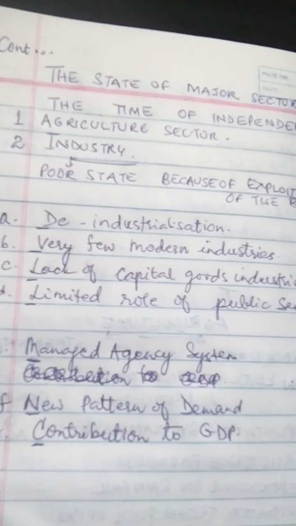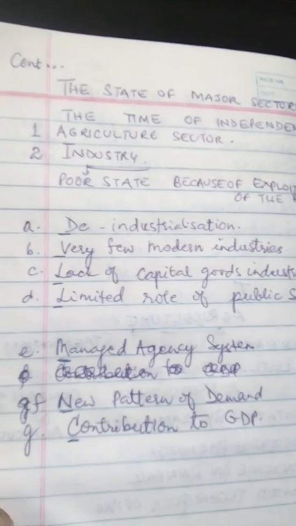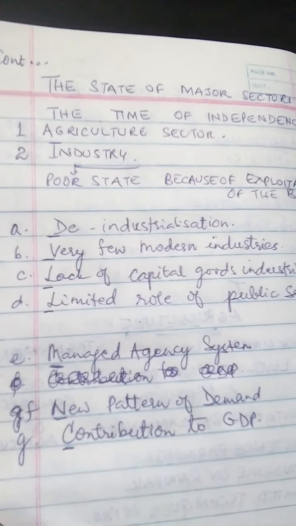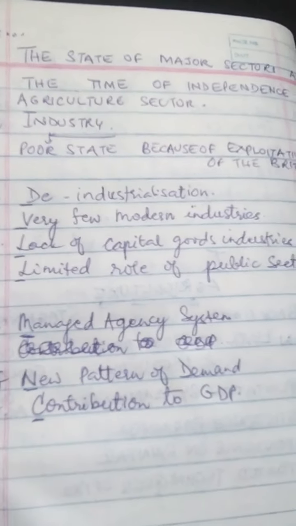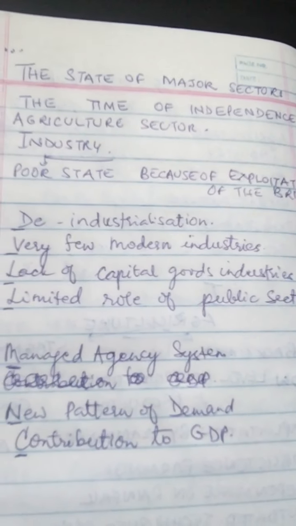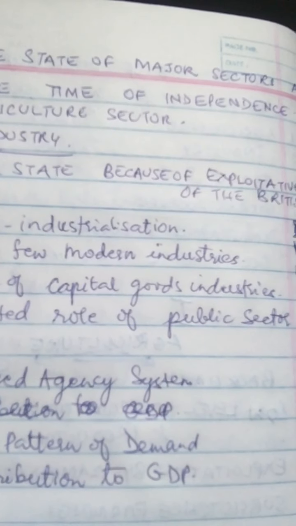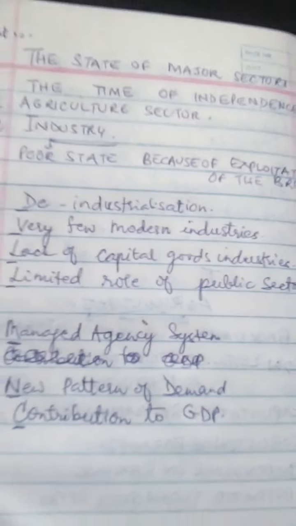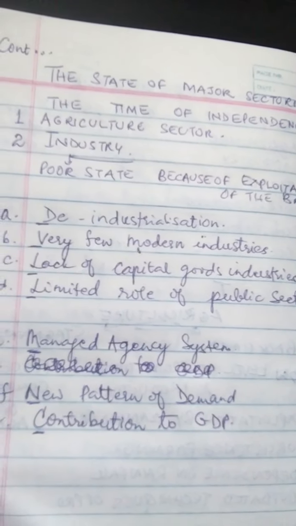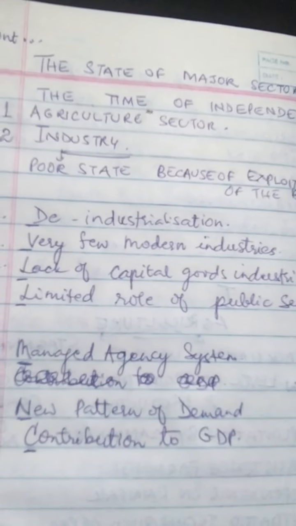Then another very important thing was the managing agency system. We have finished DVLL, and now we're going to do MNC. What was the managing agency system? It was the former servants of the East India Company who had set up their businesses as general merchants. They came to acquire good knowledge of the local markets, and they also knew ways to exploit them.